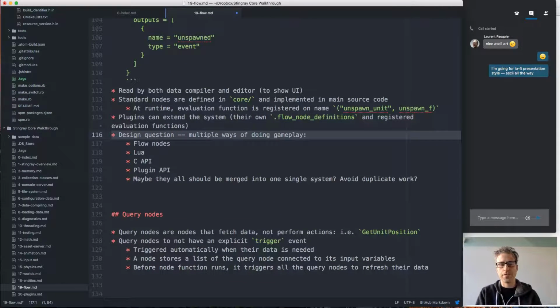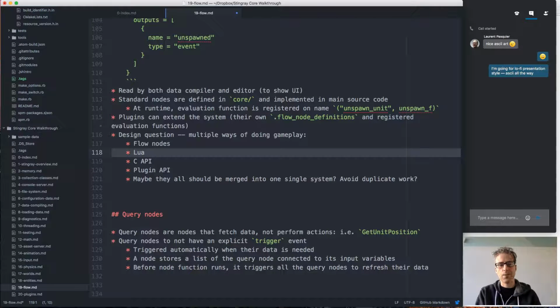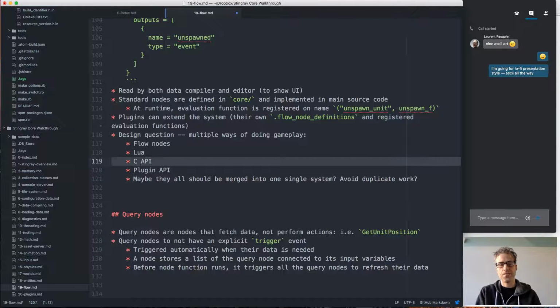So one design question that can come up when you start thinking about this is that we have multiple ways of doing gameplay right now. We have flow nodes doing visual scripting. We have Lua. We have the C API, which allows you to write gameplay in C rather than Lua.